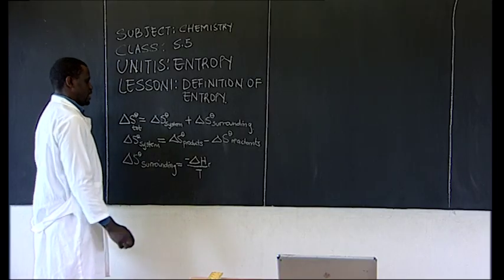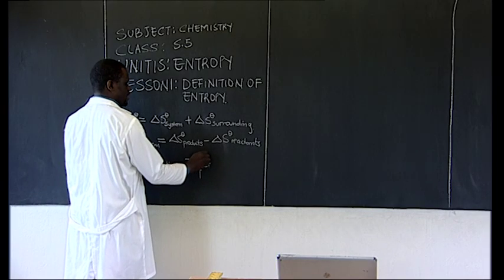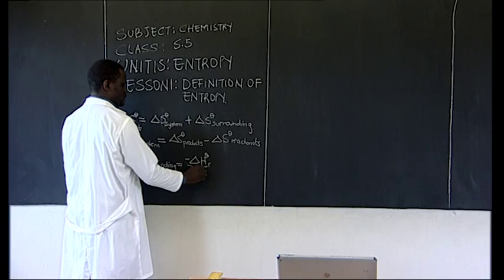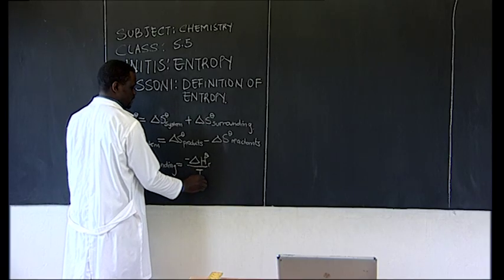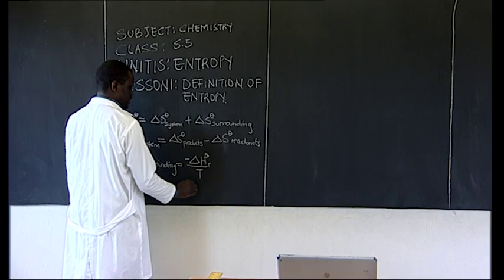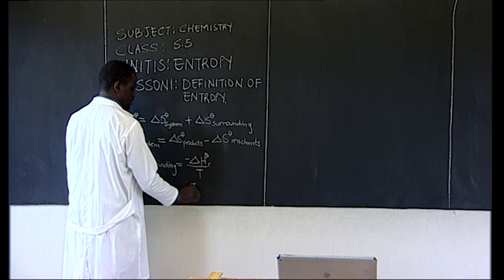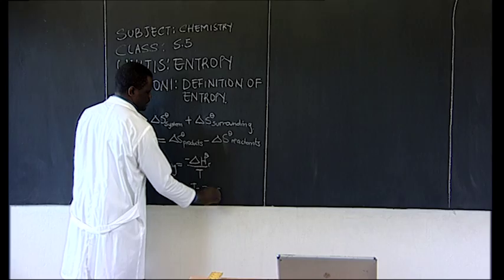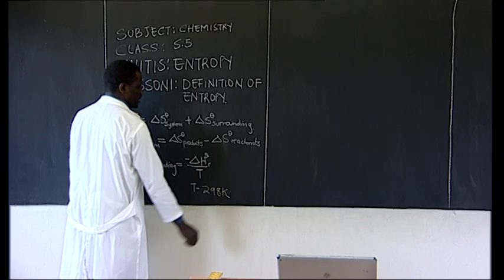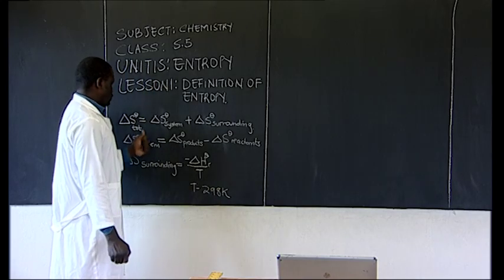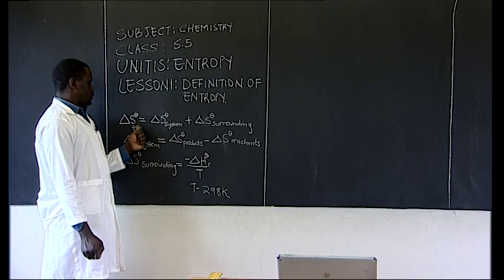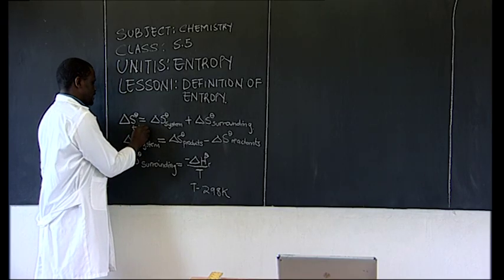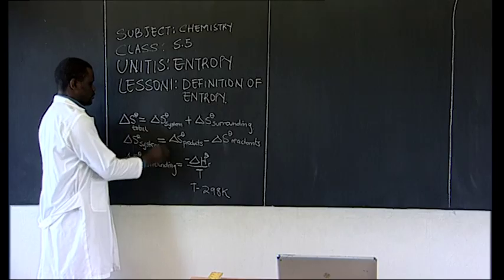So here we are going to say the standard enthalpy change, and then the temperature, which is standard temperature. We normally use T as 298 Kelvin. So if you want to get the total entropy, we can even write it like this, total. We may write it in short form.